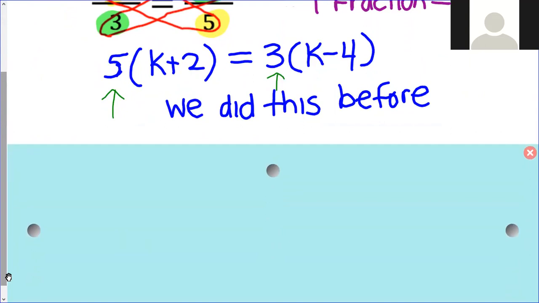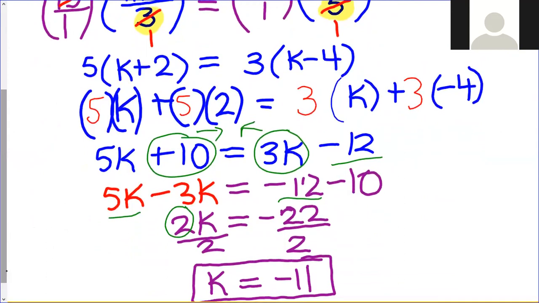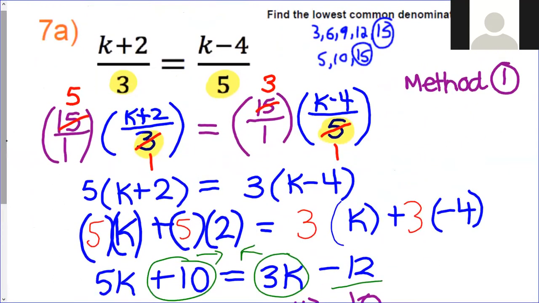Oh, yes. So this question, if we go back, we have done this before. If we go back to your original question, remember, we did this 5 times k plus 2, 3 times k minus 4. And we got our answer. We've already done this problem. The only thing that we did differently is here, we used another method for eliminating the fraction.